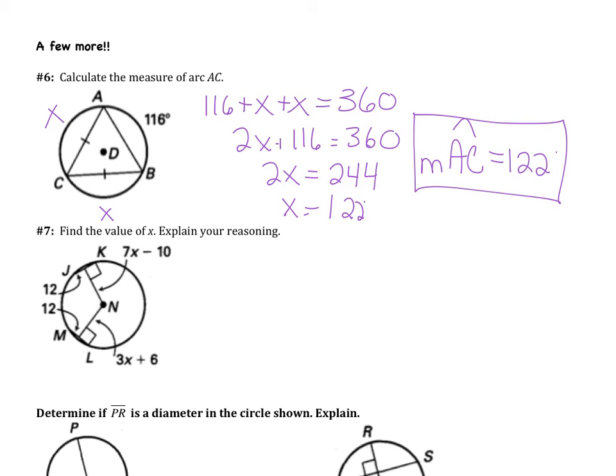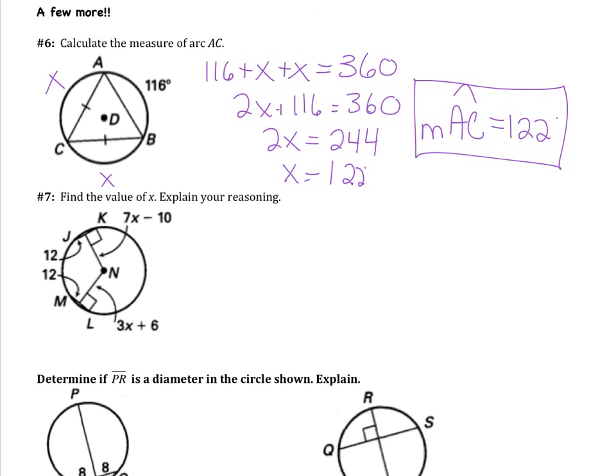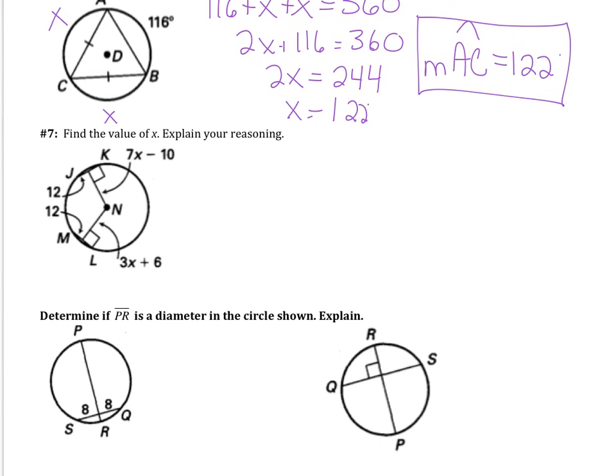Okay, so this next example, example 7, we have to think about a couple of things that we've learned in this section. I notice here that I have two little chords, JK and ML, and they have the same length. They're both 12. Then I see these segments, 7x minus 10 and 3x plus 6, and they're both perpendicular to those chords.